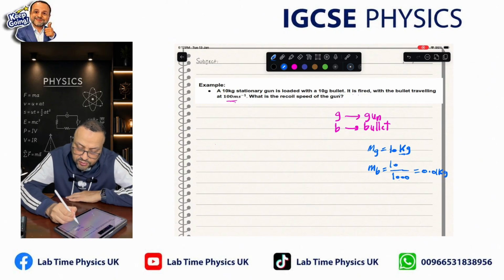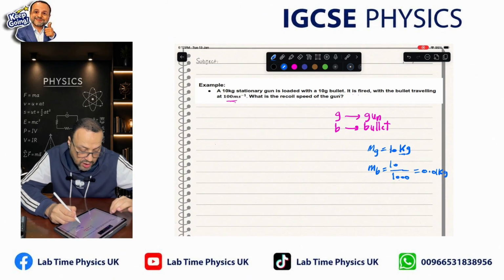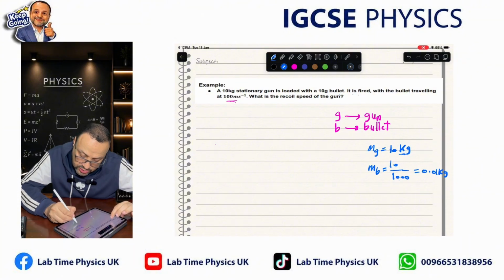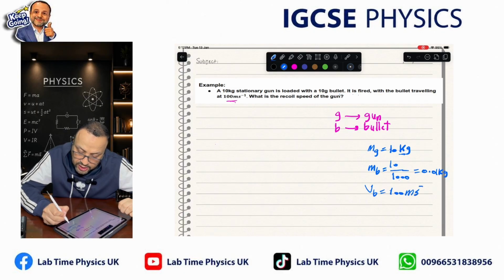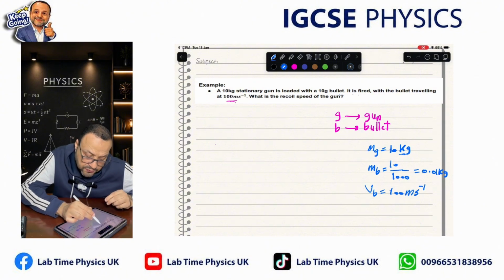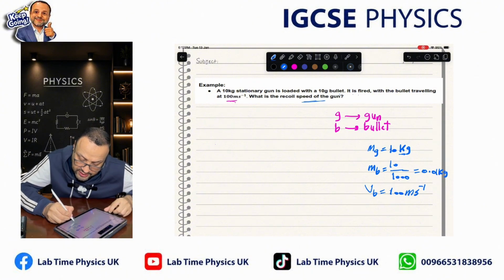This will be the mass of the bullet. Traveling at 100 meters per second, this is the velocity of the bullet, so V for the bullet equals 100 m/s. What is the recoil speed of the gun? He asked me to get V for G.